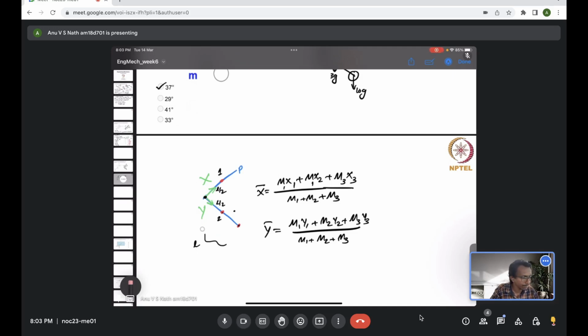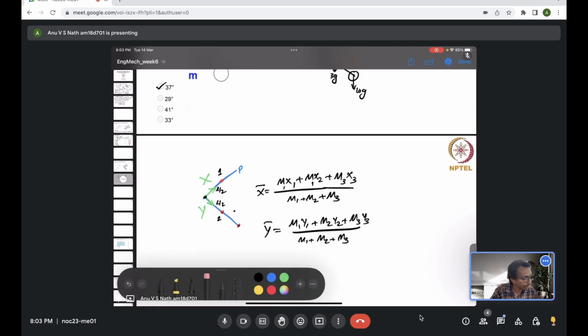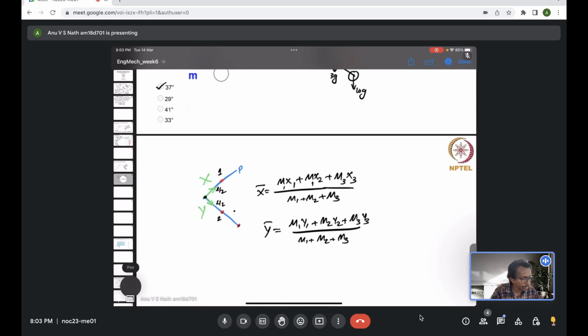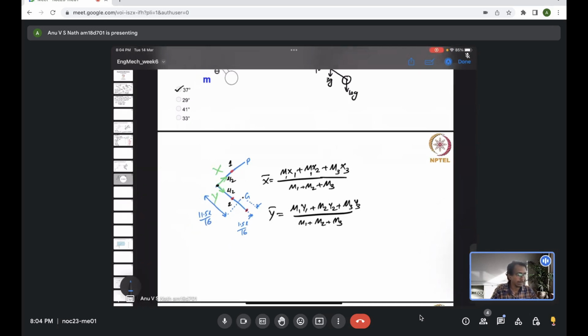So if you say this is the center of mass, from this end it is around 11.5 L by 16, and from this end you will measure 1.5 L by 16, where L is the length of the rod, which is 0.5 meter, I think. So you can locate the center of mass.